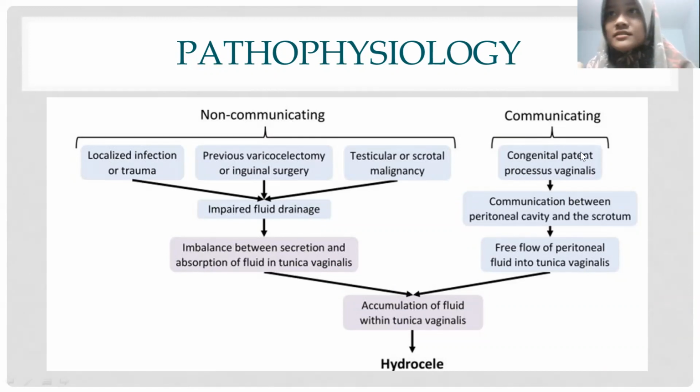The second is communicating hydrocele. It usually occurs in babies with congenital patent processus vaginalis, which can cause communication between the peritoneal cavity and the scrotum, and it makes the fluid flow into the tunica vaginalis.